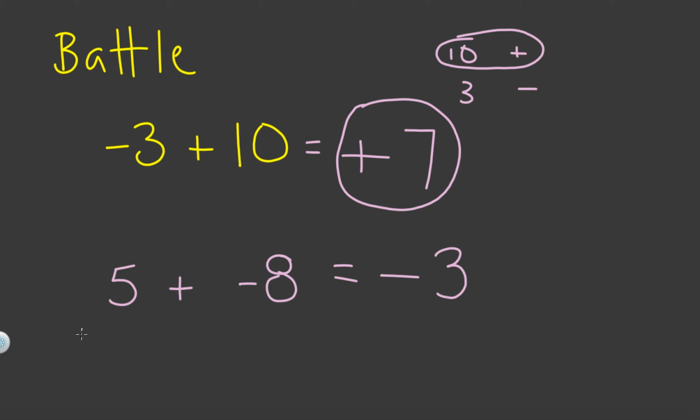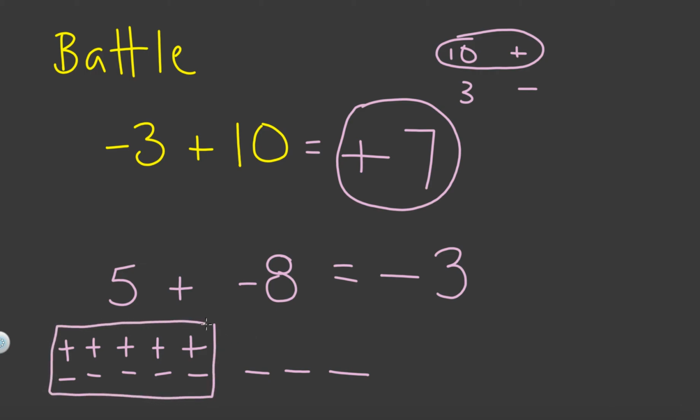Again, looking at just our positives and negatives, let's say we have 5 positives, and then we've got 8 negatives. 1, 2, 3, 4, 5, 6, 7, 8. Those 5 positives and 5 of the negatives all match up together to cancel each other out. So these guys all go away, leaving us with 3 negatives.